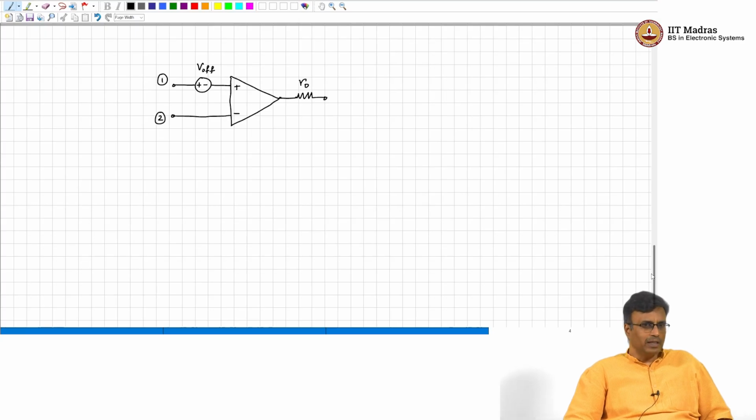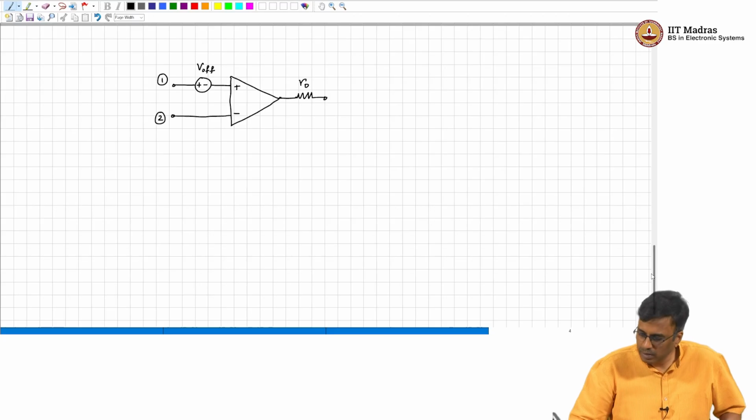That was assuming that the op amp behaved like a voltage controlled voltage source. Unfortunately, it does not. So, what do we expect now to happen to the amplifiers that we have built? Yeah, so basically we should expect that the output impedance is not 0 anymore, right.